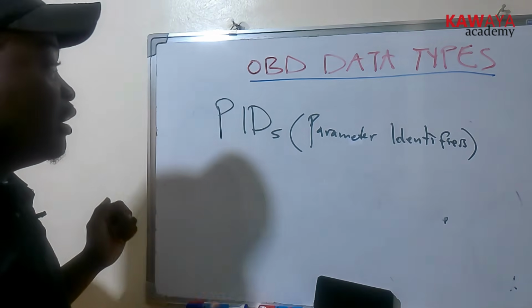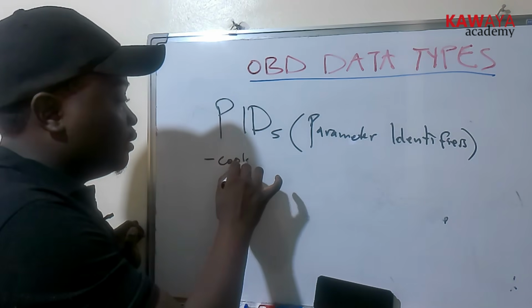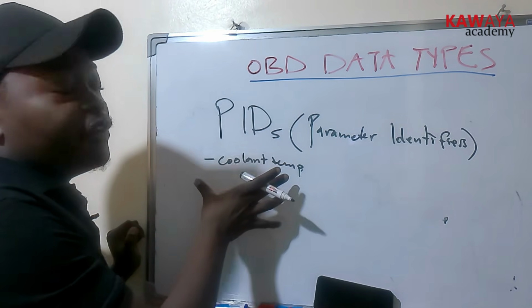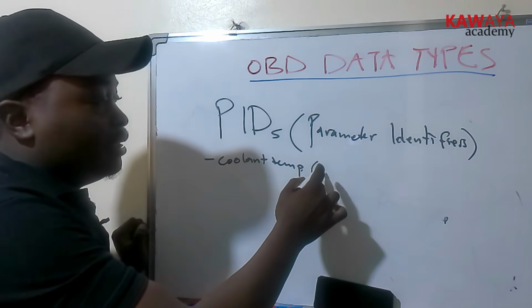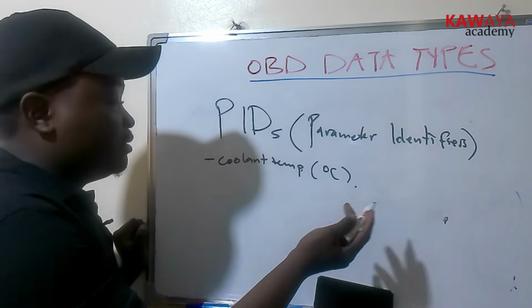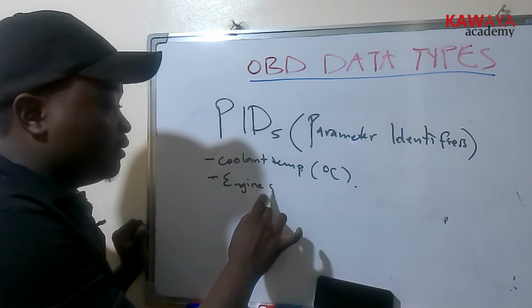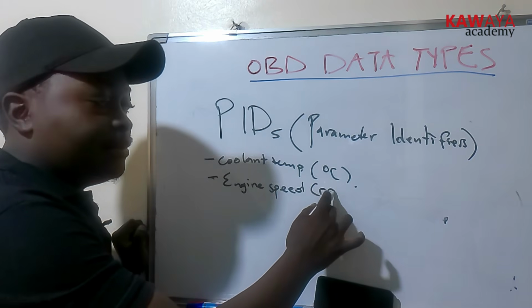For example, sample PIDs we can have, let's say coolant temperature. This is a parameter identifier. It also has an SI unit, which is degrees Celsius. You can have engine speed, okay, and this can be measured in RPM.